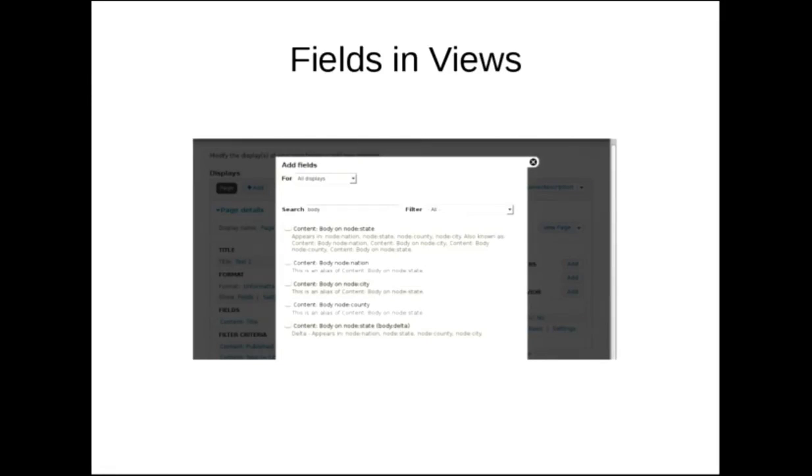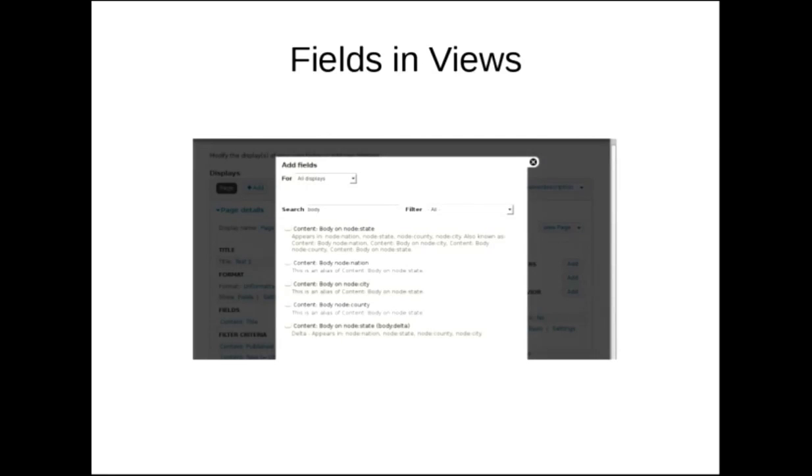Again, the first one says I'm body on node state. Again, why? Because it's alpha. And it says I appear in all these other bundles. Then I got these interesting little things that say body, node, nation, city, county, all that stuff, and it says these are aliases. Ooh, sounds like alien. How is that alpha? Country appears before state. It's last. It's reverse alpha?